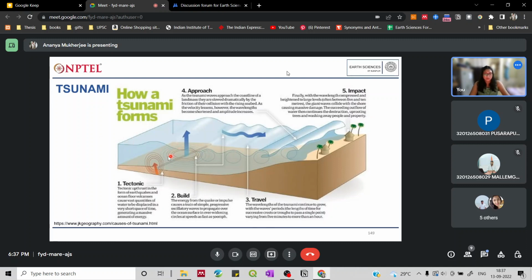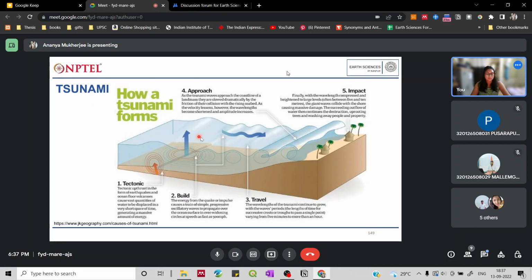So your tectonic event happened here, the water over here got displaced, and now it will move to the surroundings and then travel towards the shore. The wavelengths of the tsunami continue to grow as time increases, and you have subsequent crests and troughs that start spreading out from here. They will start moving and can continue for hours.